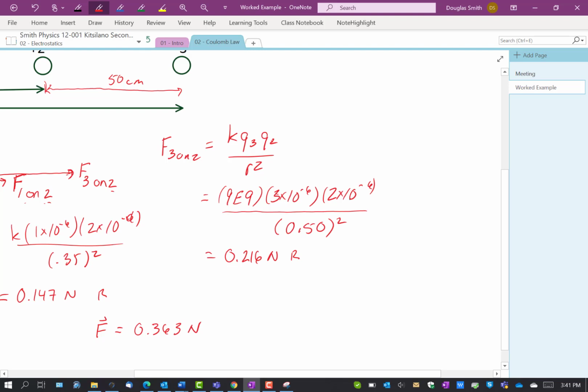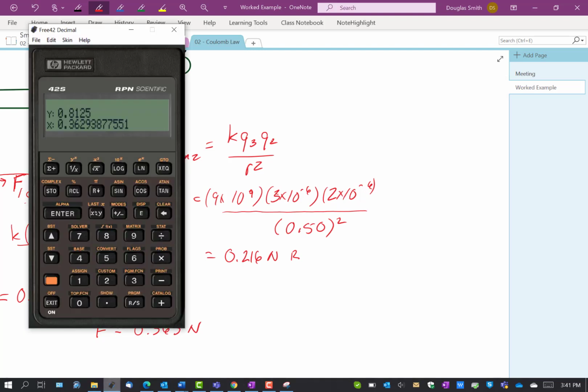Only do this if you're really comfortable with numbers. Let me rewrite this actually. It should be rewritten as 9 times 10 to the power of 9. That's a 9, this is negative 6. So you add those together and you get 3 minus 6. So this whole thing is to the power of negative 3.